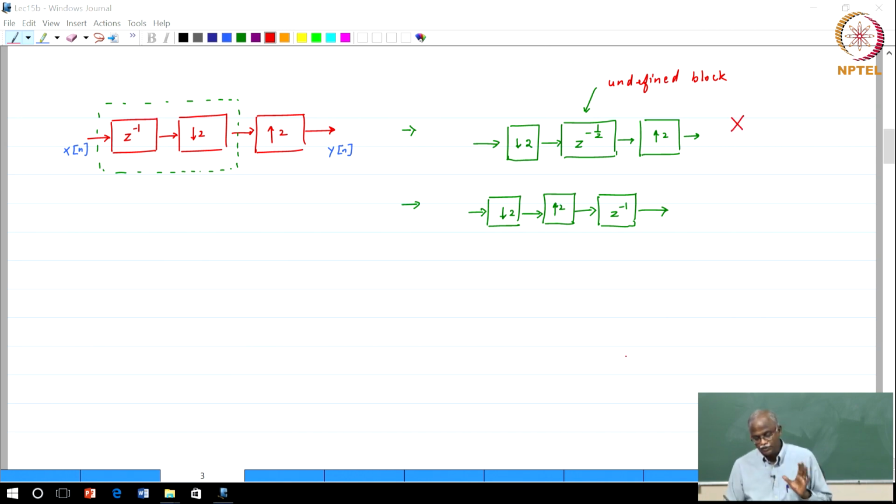And actually, if you do violate this rule, obviously you get a wrong expression. Now here is where I want you to apply this. If I downsample by a factor of 2 and upsample by a factor of 2, what is it? A comb function. It will drop every odd sample. If I delay the input signal by 1 unit of time and then apply the comb function, what are the non-zero samples?